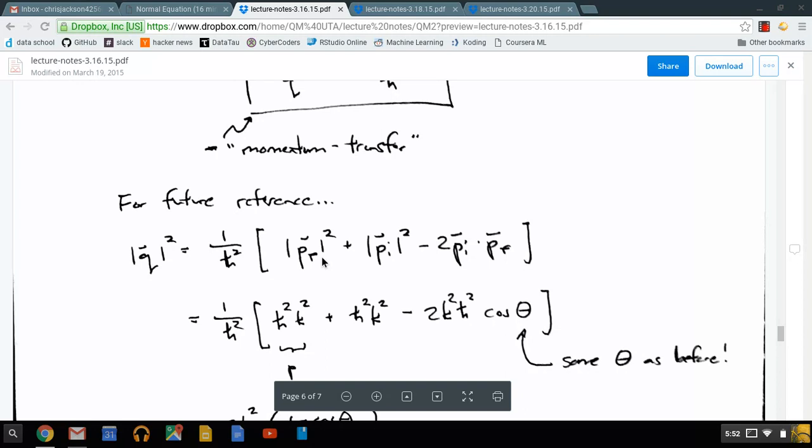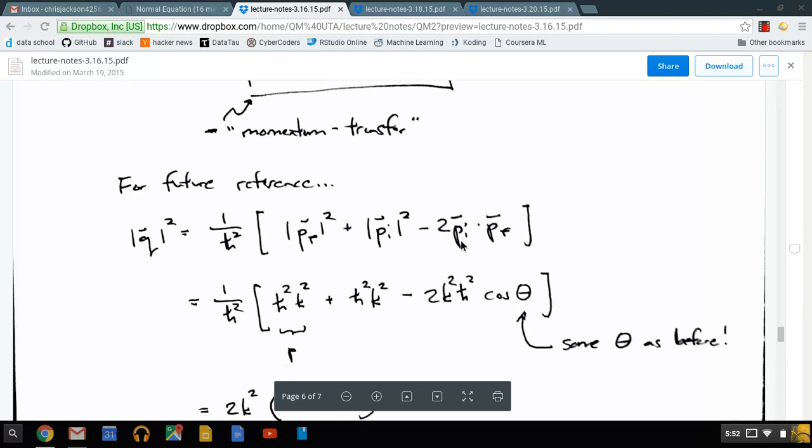Remember, because we did that integration over that delta function, and it set the magnitudes equal. So what I have is h bar squared k squared plus h bar squared k squared. And both of those are just p squared, right? And then that means when I take this dot product, again, I get h bar squared k squared.